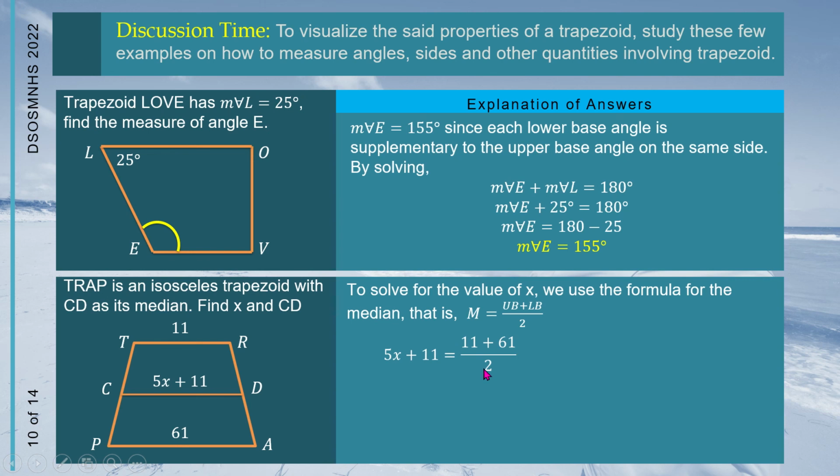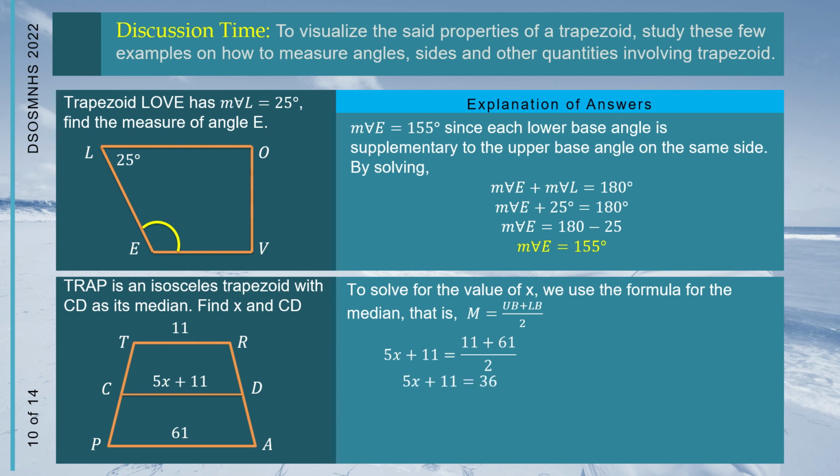Next, to eliminate this denominator 2, aton i-cross multiply ang 2 ngadto sa left side, which is 5x plus 11. Okay. Ang kaning left side nga 5x plus 11 is considered whole number. Its denominator is over 1. So in i-cross multiply, 2 multiply sa 5x plus 11.